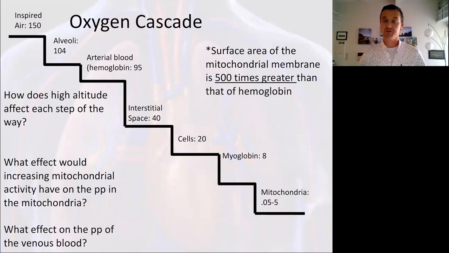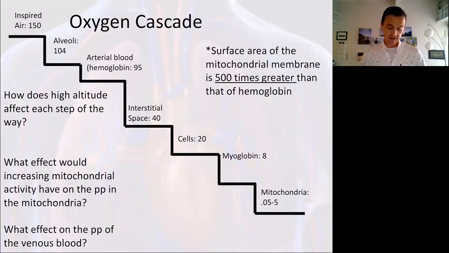Okay, and this is just simple diffusion. In diffusion, we know that a substance will diffuse from an area of higher concentration to lower concentration, right? And the way that we measure concentration of a gas typically is partial pressure, okay?